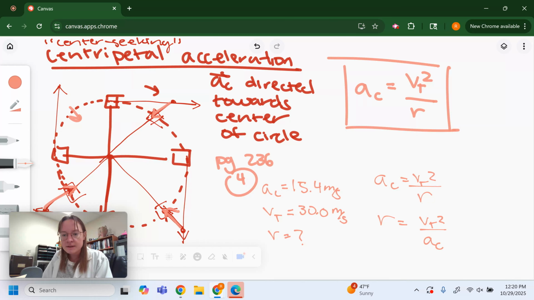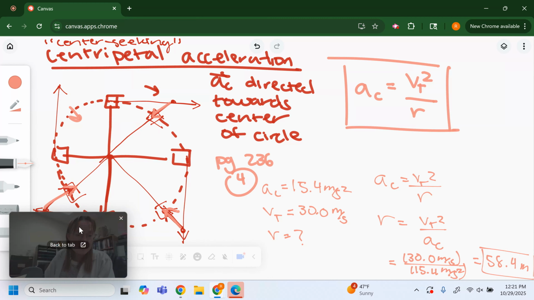And then we can plug in numbers here. We plug in 30.0 meters per second, squared, divided by centripetal acceleration, which is 15.4 meters per second squared. Plug it into our calculators, and we get something like 58.4 meters for our final answer.